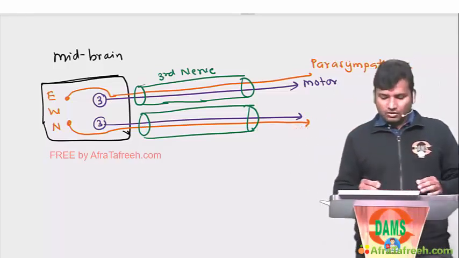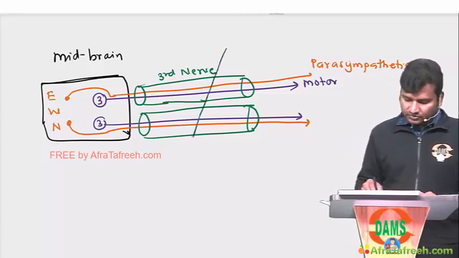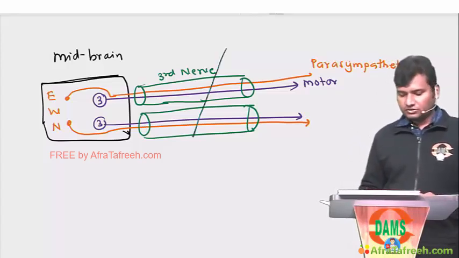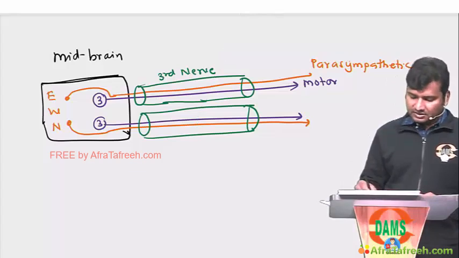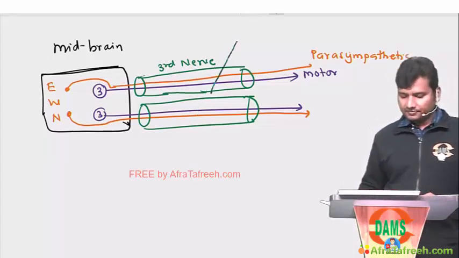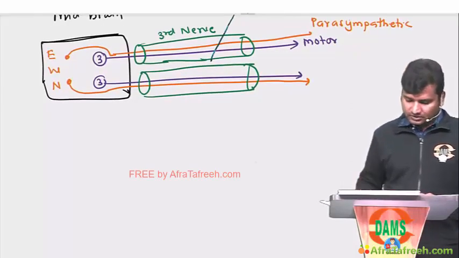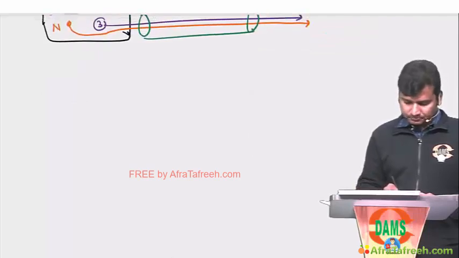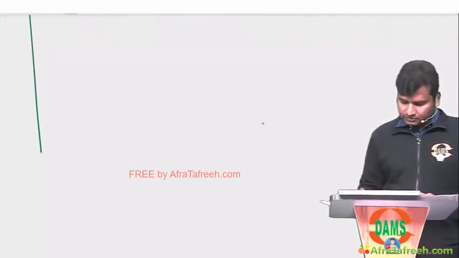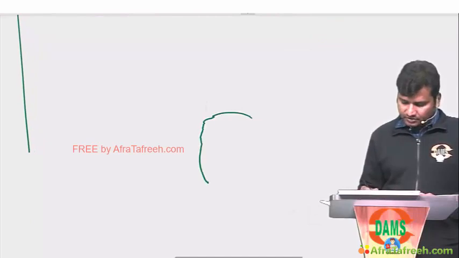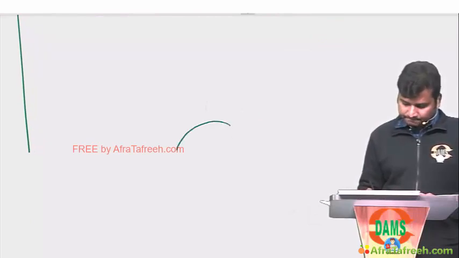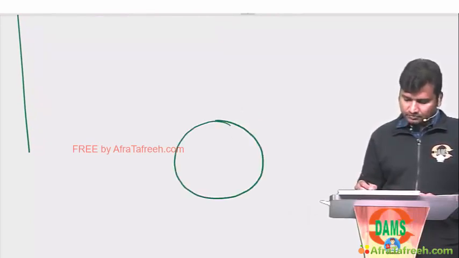Okay, now I will take a section of the third nerve and see what is happening in it. So I will draw a section of the third nerve. So suppose this is the section of the third nerve.